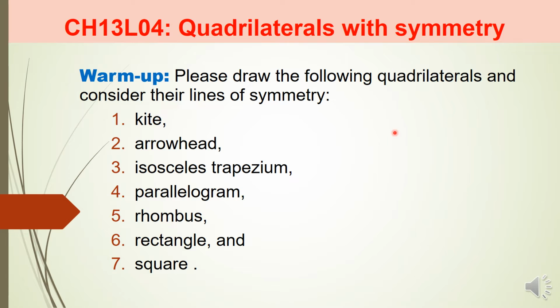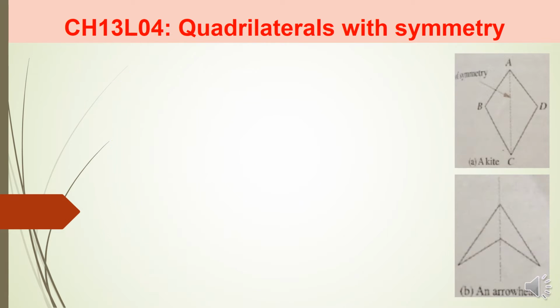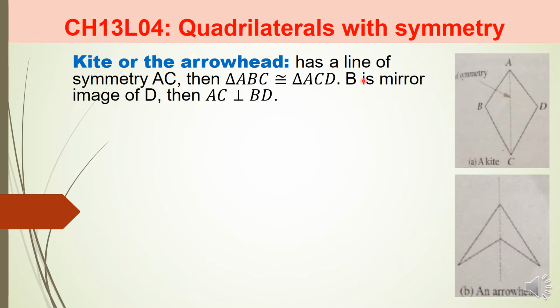And then we will go to our section on quadrilaterals. So, kite or arrowhead. This one is the arrowhead. This one is the kite. The kite has one line of symmetry, AC. When it is the line of symmetry, it divides the kite into two equal parts, so the two triangles are congruent.